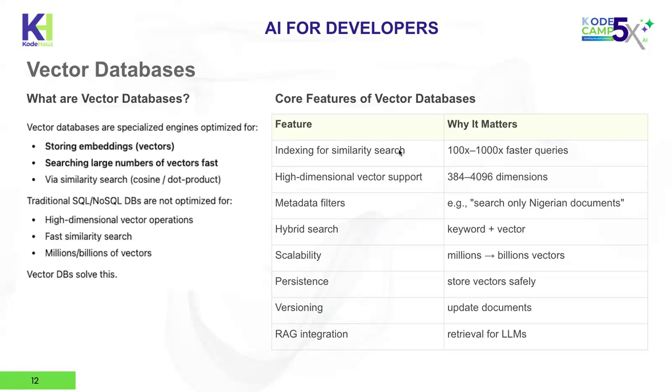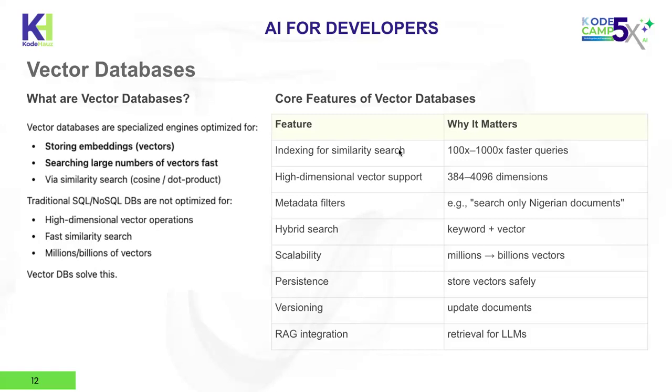So you can store vectors of up to 384 to 4,096 dimensions, which a lot of LLMs and embedding models would generate for you. Then you also have what we call metadata filters, right? Which allows you to filter on additional information that is not necessarily in that embedding format, maybe just normal clear text like you're seeing.